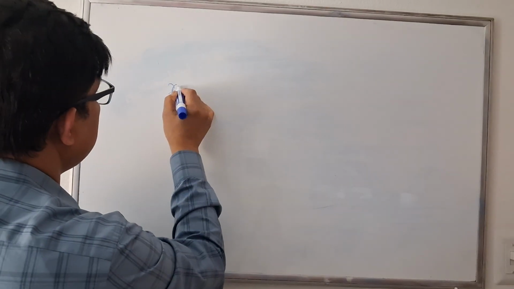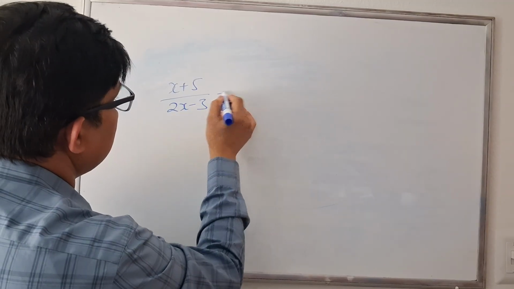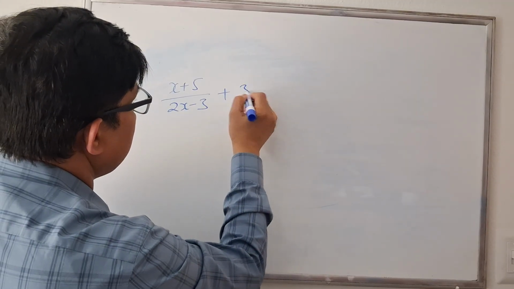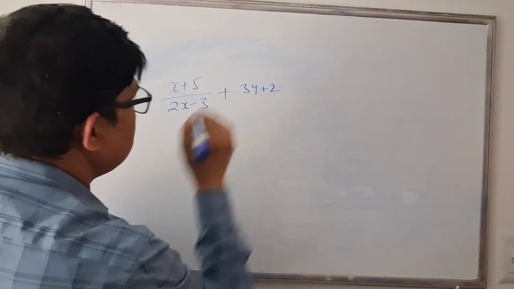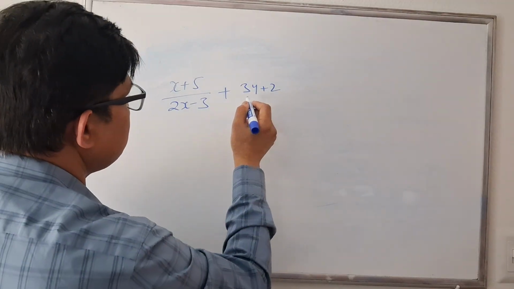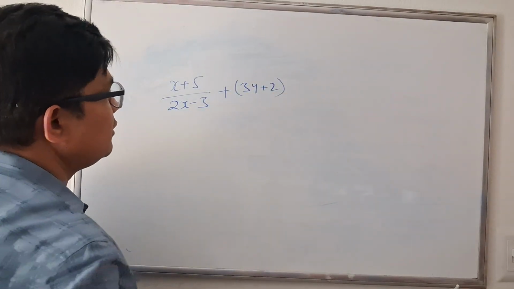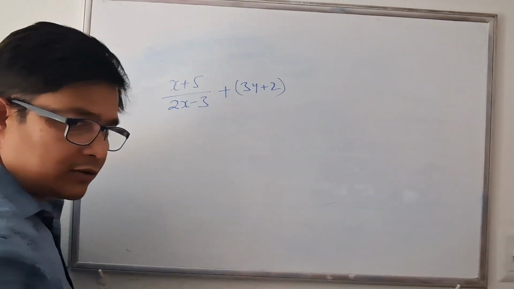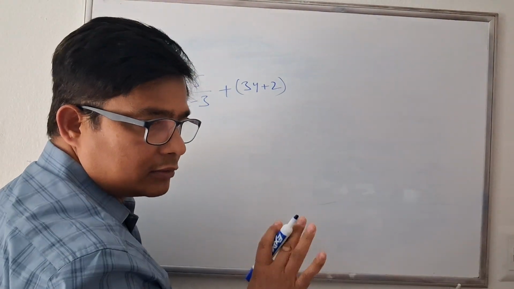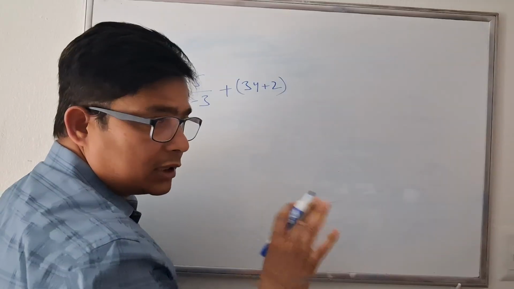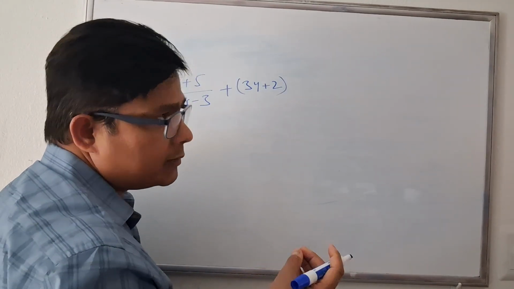Okay, now let's see another type of sum. Let's say x plus 5 divided by 2x minus 3 plus 3y plus 2. When we have to sum this, it's like the concept we learned with numbers, the sum of a fraction and a constant.